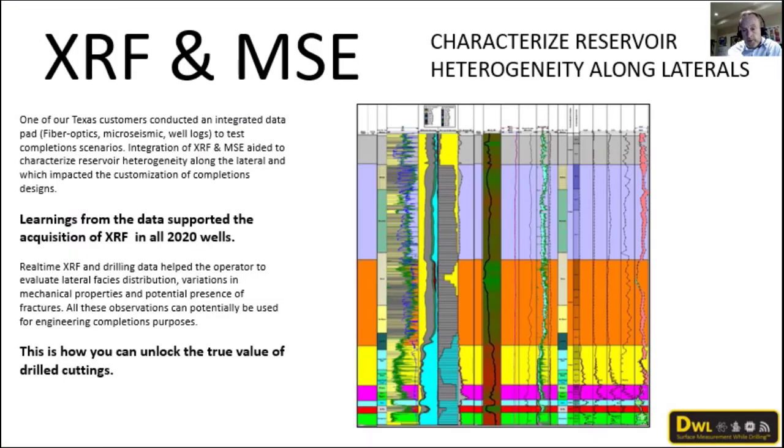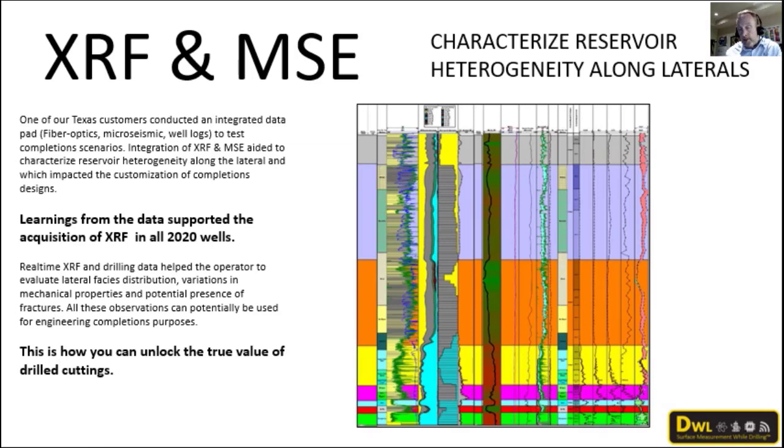This is a project we did in South Texas with an operator who had a modus operandi of using standard mud logging, one well in a pad. They moved to using this XRF SMWD logging program on a 5-well pad. They were able to compare the data to fiber optic, microseismic, and well logs.